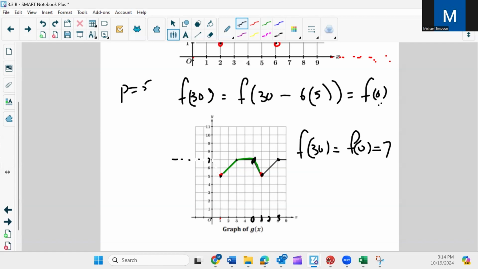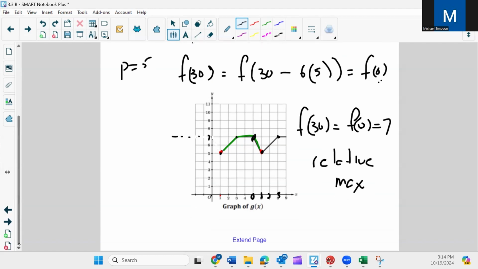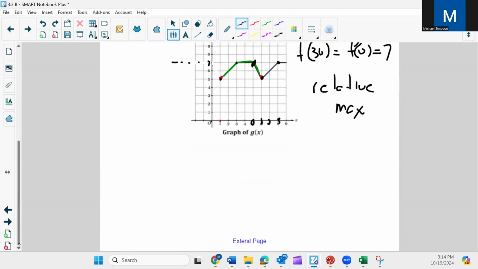In this case, that 7 is a relative max. Now, in a periodic function, there's no absolute max or absolute min. Let's clarify that. Let's use the famous one, the sine graph.